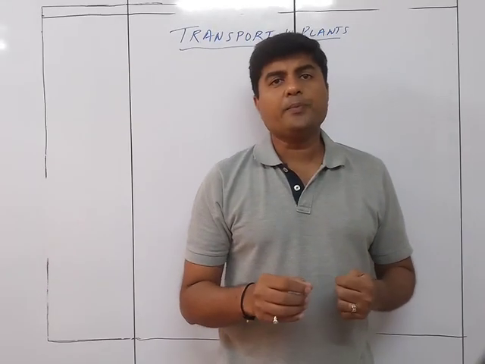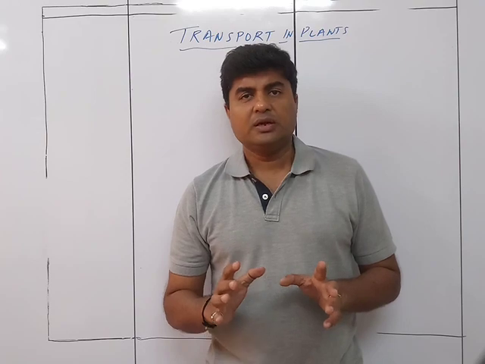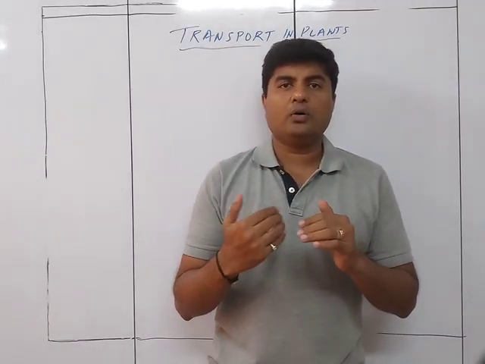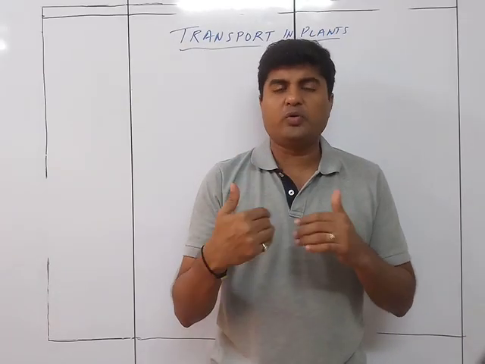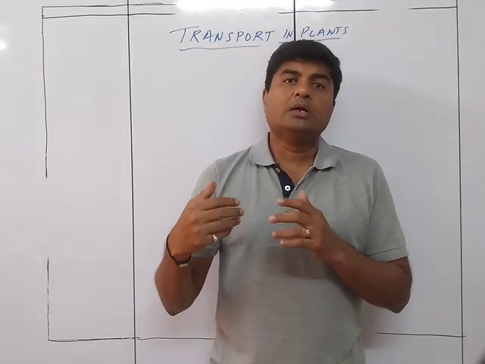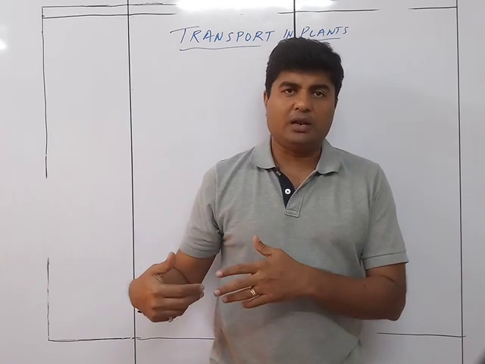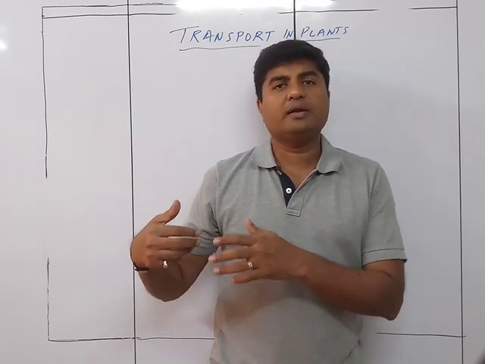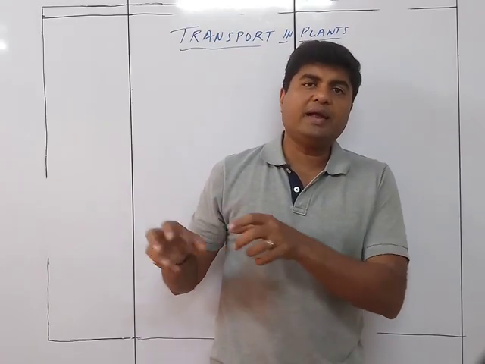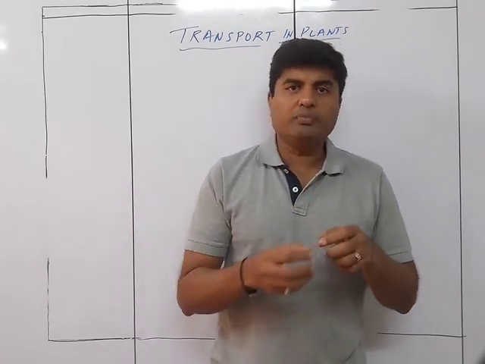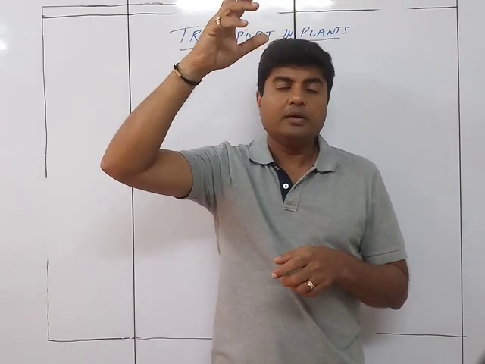So there, the transport of the nutrients is going to be only one way. For example, the nutrients that the plant is going to get from the soil are dissolved in the water, absorbed by the roots, and then transmitted from the roots to the upper parts of the plant, right?